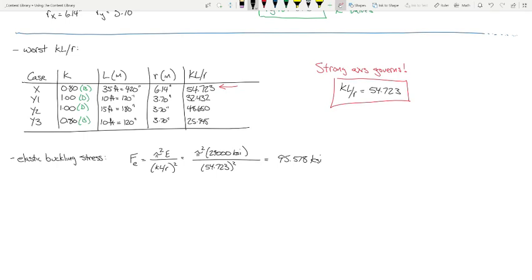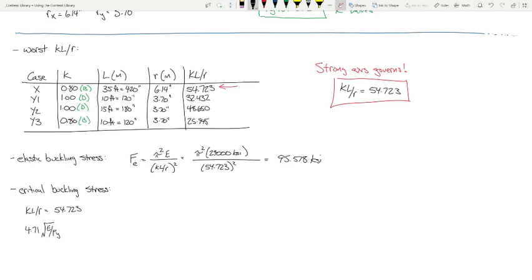Now, in order to determine the critical buckling stress, first, we need to do a comparison. So KL over R is 54.723. Now we need to compute that limit, that 4.71 square root of E over Fy.